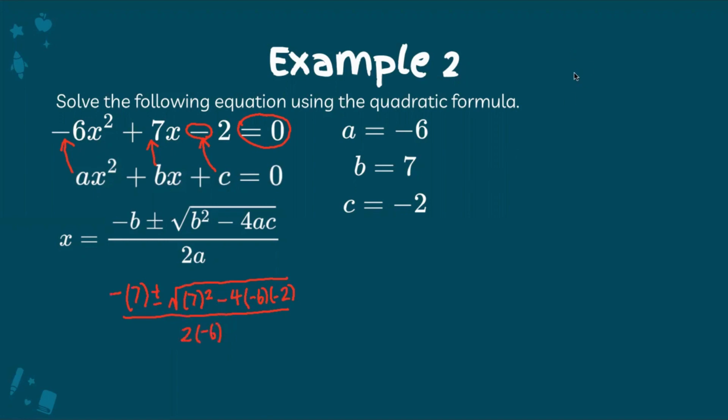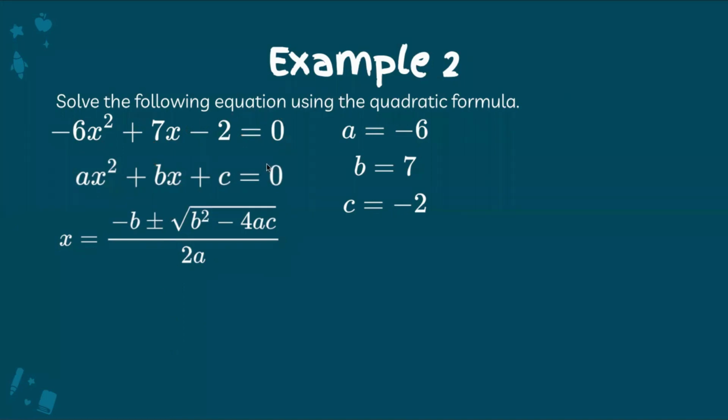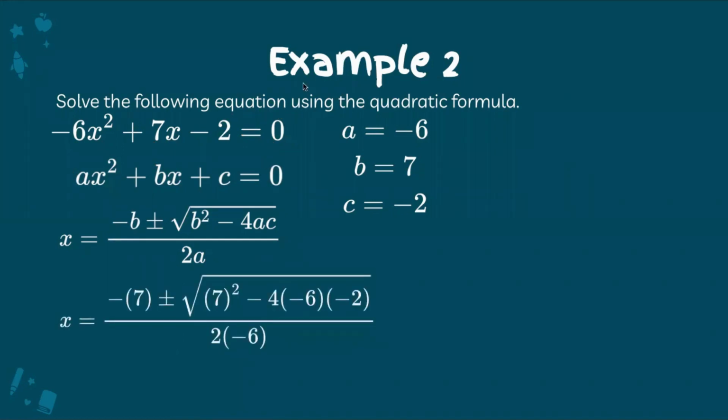And once you've plugged in all your values, you can go ahead and start simplifying. So negative times 7 would just simplify to -7. That would be plus or minus the square root of 49, since 7 squared is 49, then minus 4 times -6, which would be -24, and then -24 times -2.